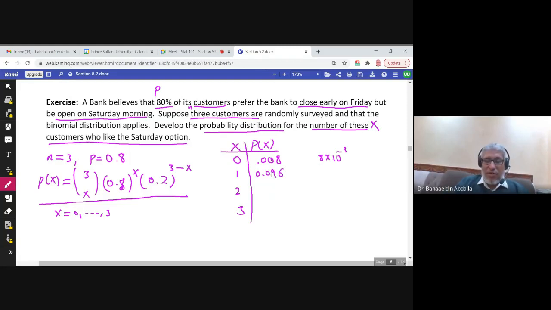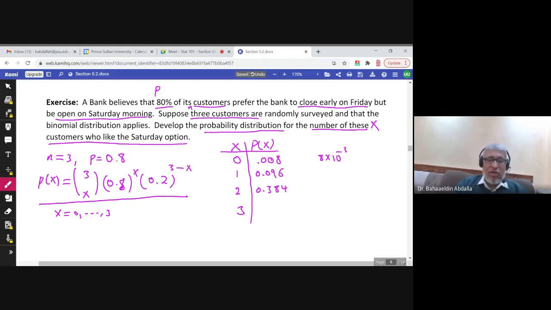Now, if you find probability of 2, then you will have 0.8 to the power of 2, 0.2 to the power of 1, and you have 3C2. The calculator will give you the answer 0.384. And finally, you raise 0.2 to the power 0, and you raise 0.8 to the power 3, and you have 3C3.